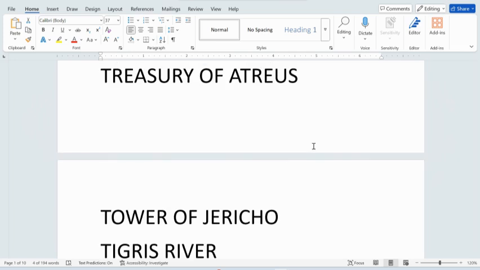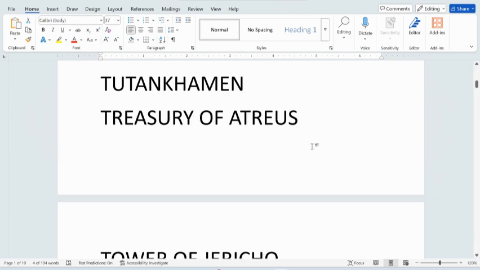All right, so the Tower of Jericho, that was the first tower, that first tall building that was buried. And then the Treasury of Atreus was the last building that we looked at. That's the one that had the corbelled dome. And I think with that one, the Tutankhamun, I want you to know the death mask of Tutankhamun.